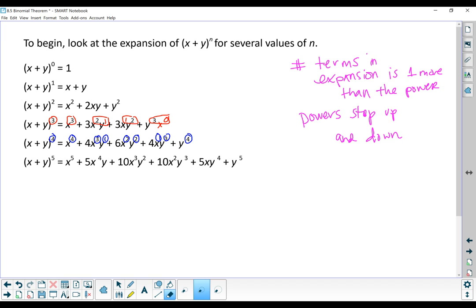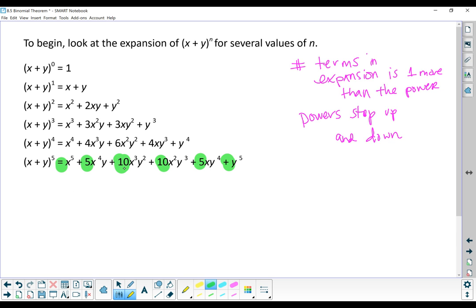And the last thing you might notice is that there are coefficients that are symmetric here. I have 1, 5, 10, 10, 5, 1. I have 1, 4, 6, 4, 1.